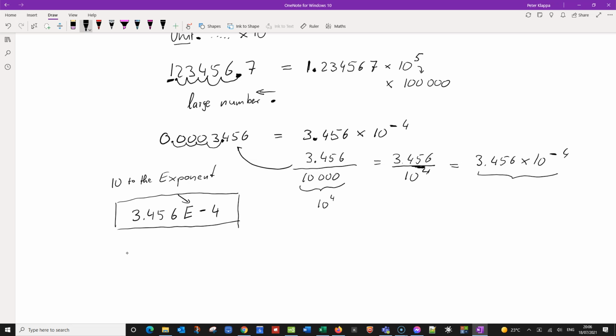And likewise, for this one up here, you would find 1.2345667 E5, or sometimes it is E plus 5 to indicate that we've got a positive number.